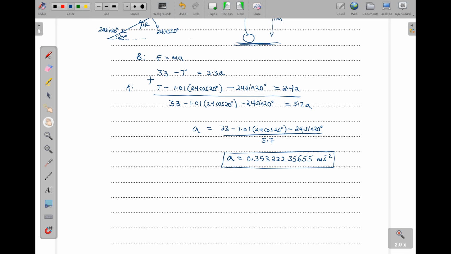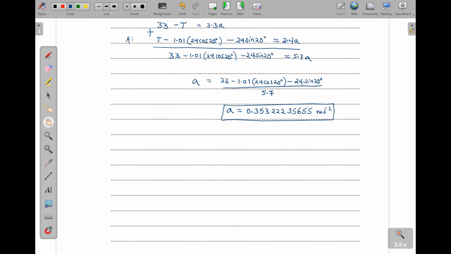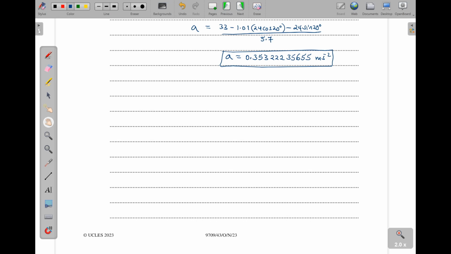Then we need to find the speed of this particle when it reaches the ground, when B reaches the ground, which will be the same speed at which A is moving. Okay, so we are going to use v squared is equal to u squared plus 2as. So that final speed is going to be the square root.